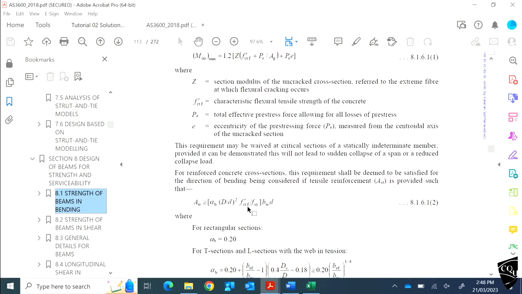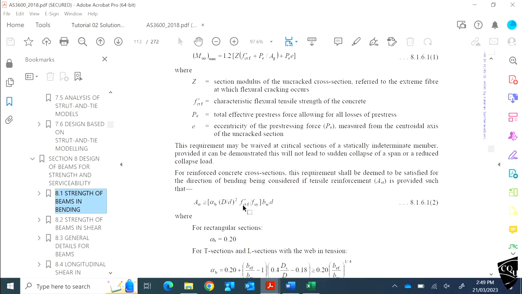What is fsy? Steel yielding strength, that is 500 for these bars. So what is the flexural tensile strength of the concrete? The characteristic compressive strength is given as 32.